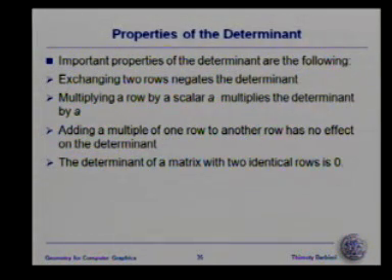If you multiply a row by a scalar A, it's like multiplying the determinant by A. If you add a multiple of one row to another row, you do not change the determinant. The determinant of a matrix with two identical rows is 0.